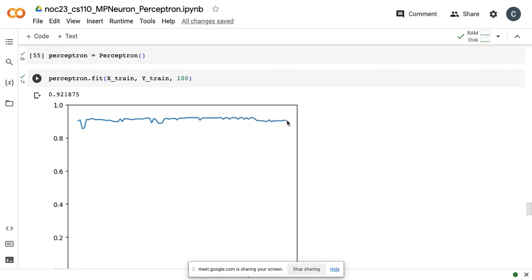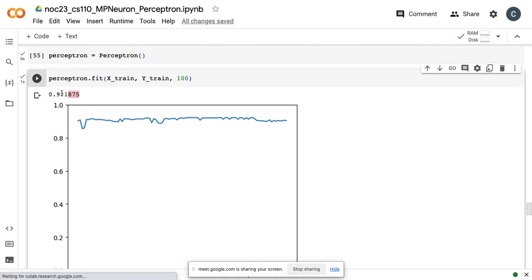And by the time you reach the 100th epoch, you'll find that the value at the 100th epoch might be less than at some epoch where you get the maximum output, maybe in this case 92.1. So I'm just presenting here the maximum accuracy I'm getting, not the accuracy of the model at the 100th epoch. I need to make sure of that.